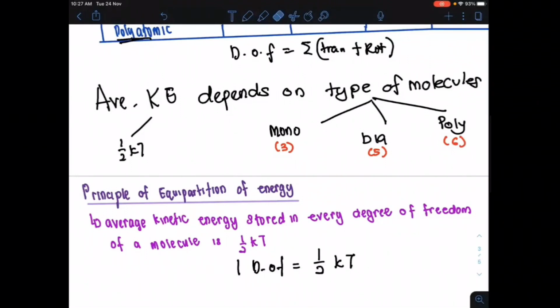So the kinetic energy here, as it depends on the type of molecule, lepas kita tahu the type of molecule, kita boleh tentukan the degree of freedom. Maka the kinetic energy average dekat sini akan jadi 3/2 kT, 5/2 kT ataupun 6/2 kT, which is 3 kT.